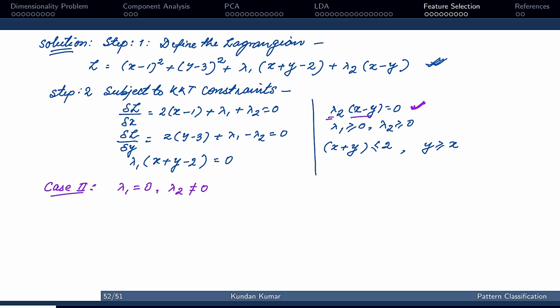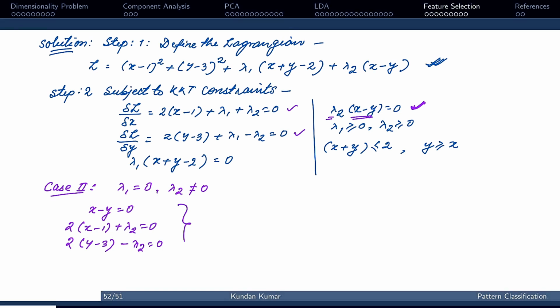That means x minus y will be 0. So we can write x minus y equal to 0, and from here we can write 2x minus 1 plus lambda 2 equal to 0, and 2y minus 3 minus lambda 2 equal to 0.